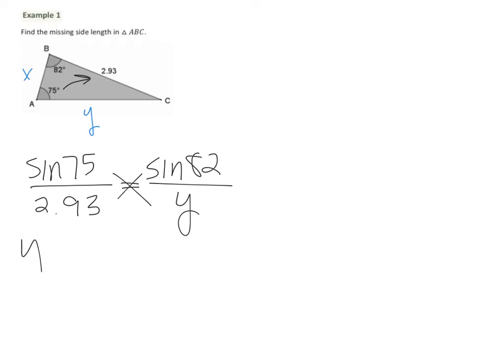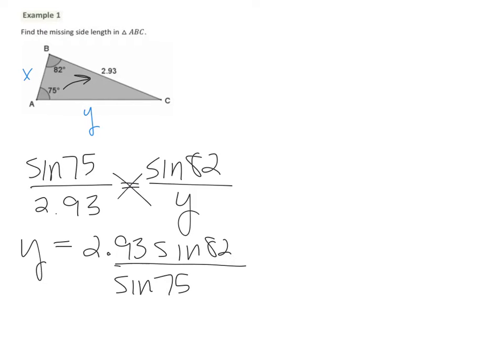I have y equals 2.93 sine of 82 over sine of 75. Do your algebra. You can show your work on your notes page and figure out how I got there. We did this lesson a few days ago, so I'm not showing every single step today. But if you just cross multiply and solve for y, you'll be there. I promise.